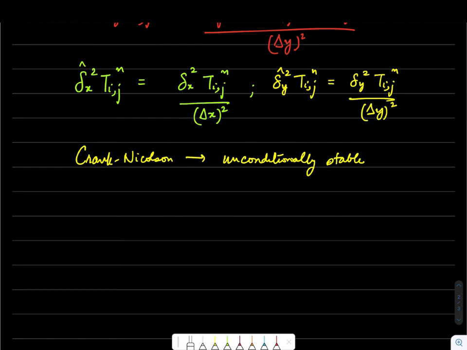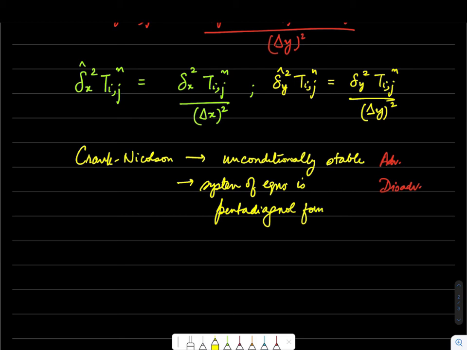The disadvantage is that the system of equations is of a pentadiagonal form, and hence we cannot use direct methods such as TDMA, but rather we would rely on iterative solution process.